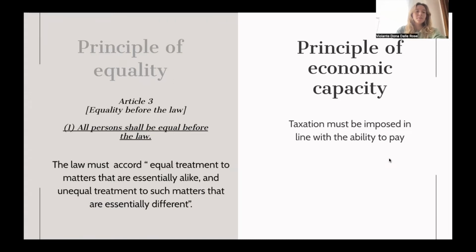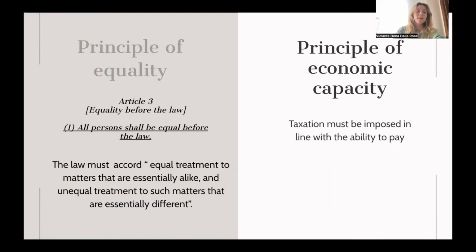It means that the principle requires that the law accords equal treatment to matters that are essentially alike, and unequal treatment to such matters that are essentially different. So basically, from this principle derives an important requirement which must be met in order to impose a tax, which is the following.